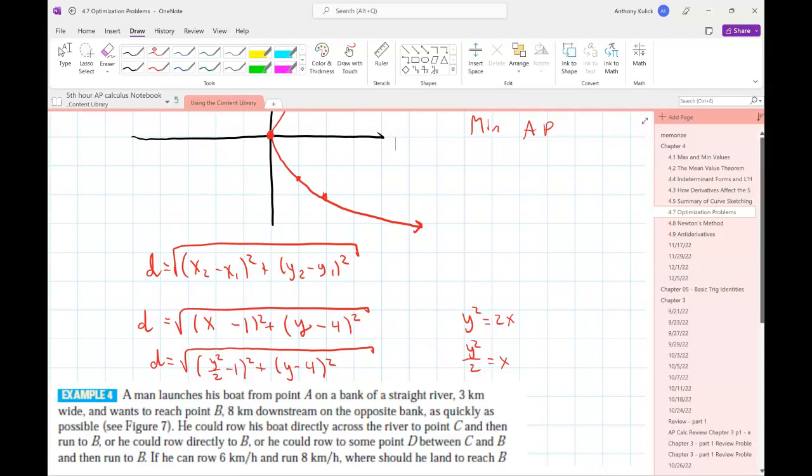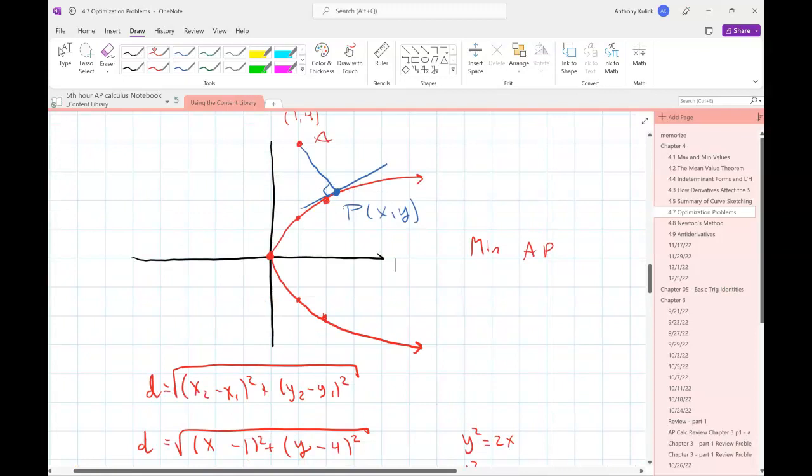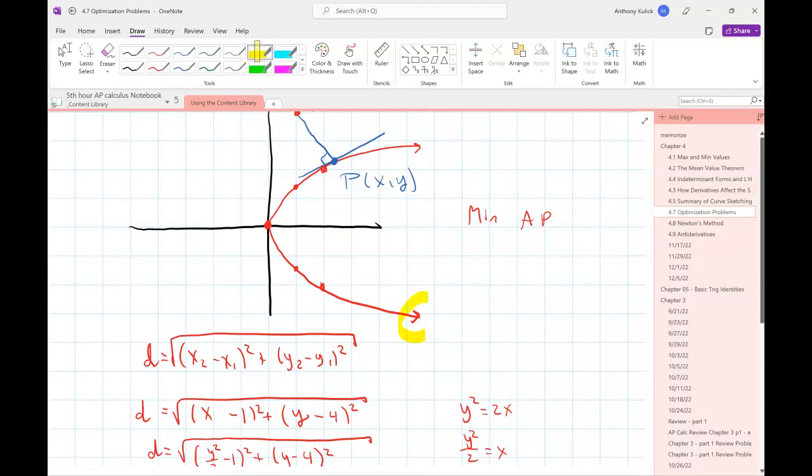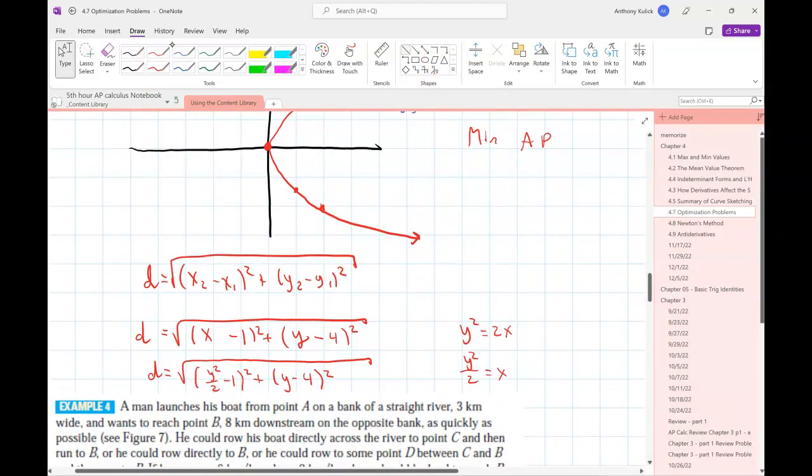Domain? So what values can the y-coordinate take on in this picture? All real numbers, right? The graph has arrows pointing down and pointing up. You'll cover all the y-coordinates. So the domain for our function here, since we wrote it in terms of y, is just all real numbers.